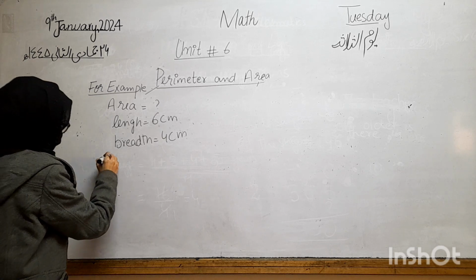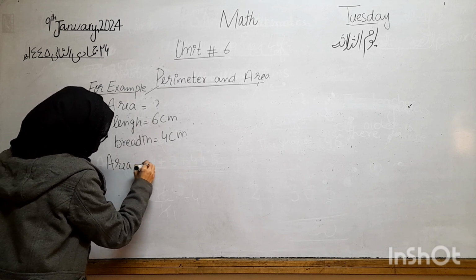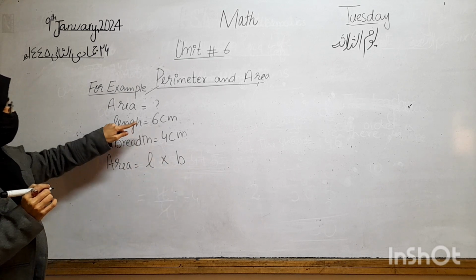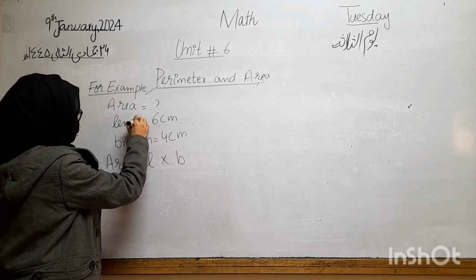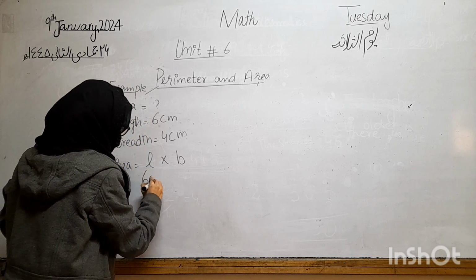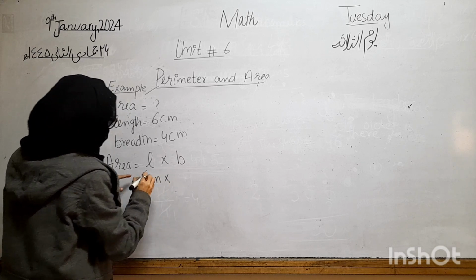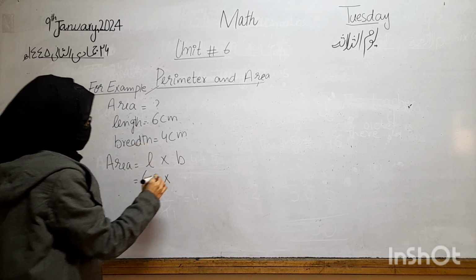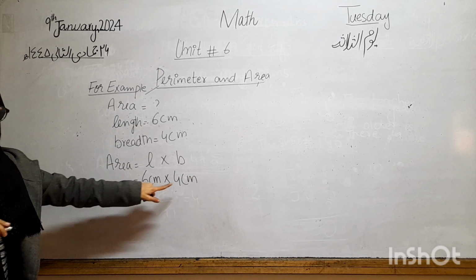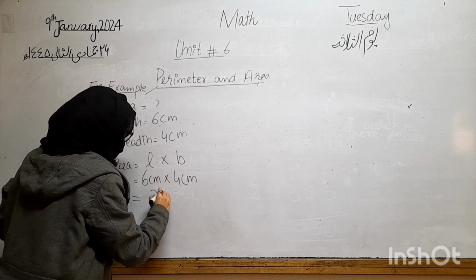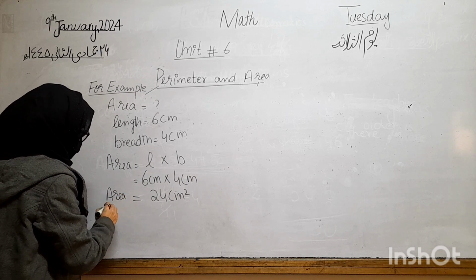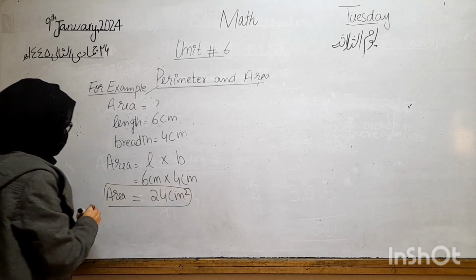Area is length multiplied by breadth. L stands for length and B stands for breadth. Length is 6 centimeter, multiply, and breadth is 4 centimeter. Now we will multiply it. 6 fours are 24. Area is 24 centimeter square.